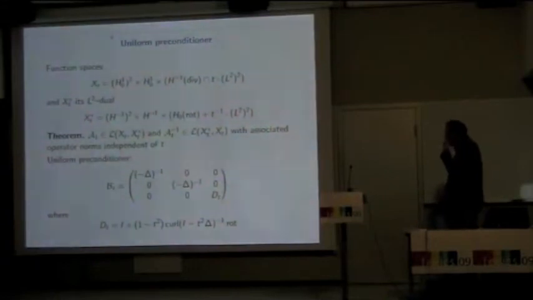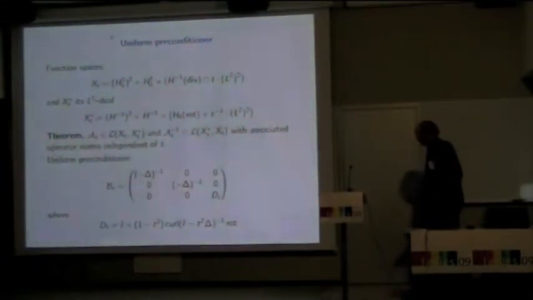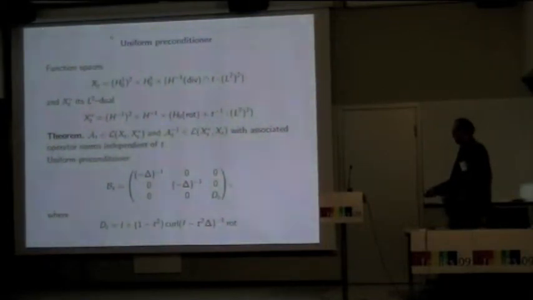If you look at this, this is a 2D problem in spirit, since it is a plate model. If you look at this preconditioner down here, it's like a 0-order operator as long as t is positive, which reflects that the function space here was L2. But when t goes to 0, it really goes to a differential operator, because as t goes to 0, this piece in the middle disappears, and it really is a 2nd-order operator.